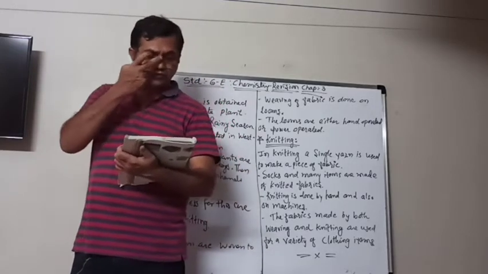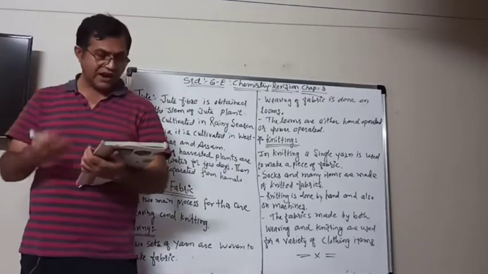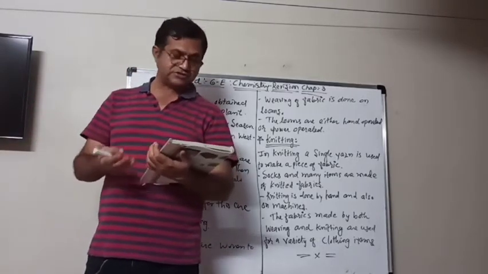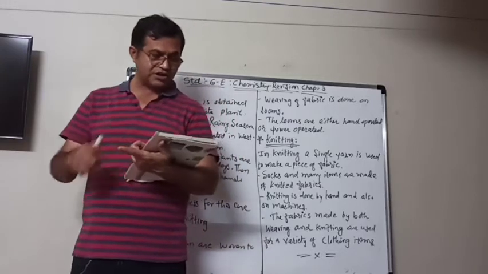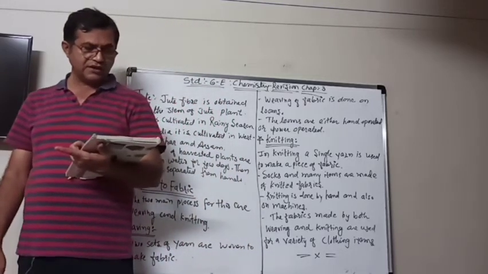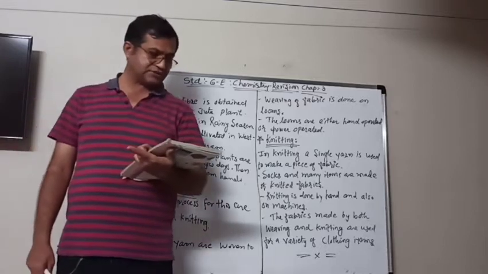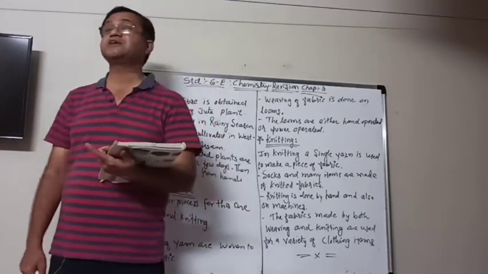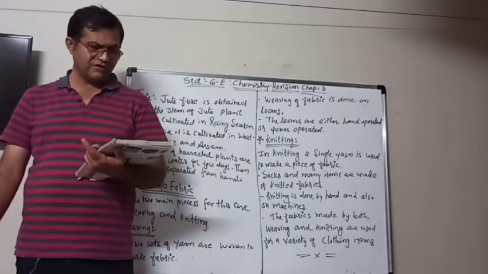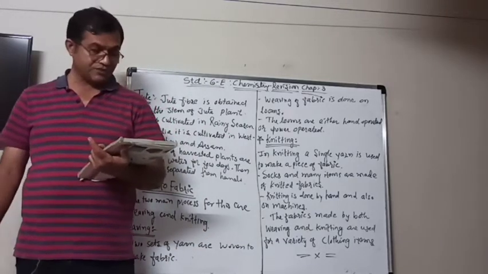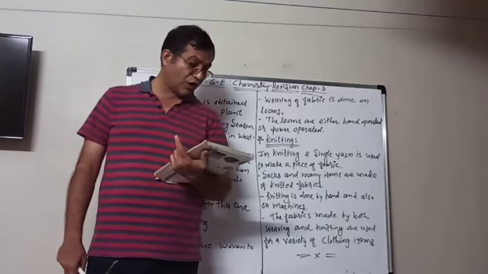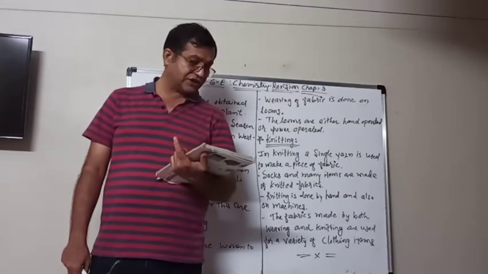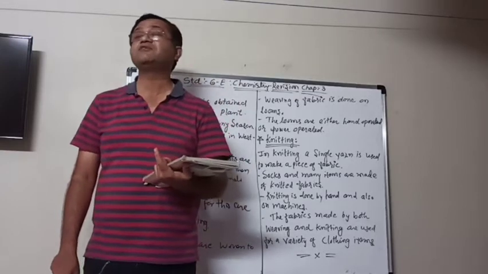Then they learned to weave twigs and grass into mats and baskets. Animal fleece or hair was twisted together into long strands, and so they started hand weaving. The early Indians wore fabrics made out of cotton that grew in the regions near the river Ganga.